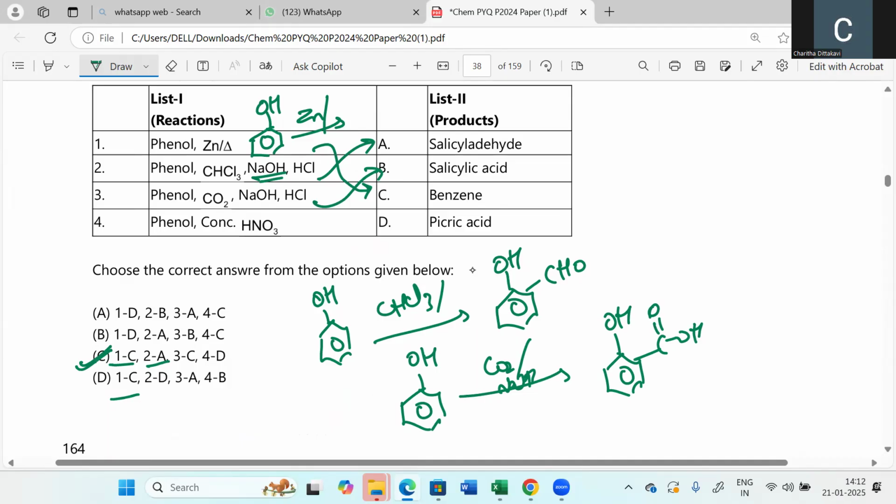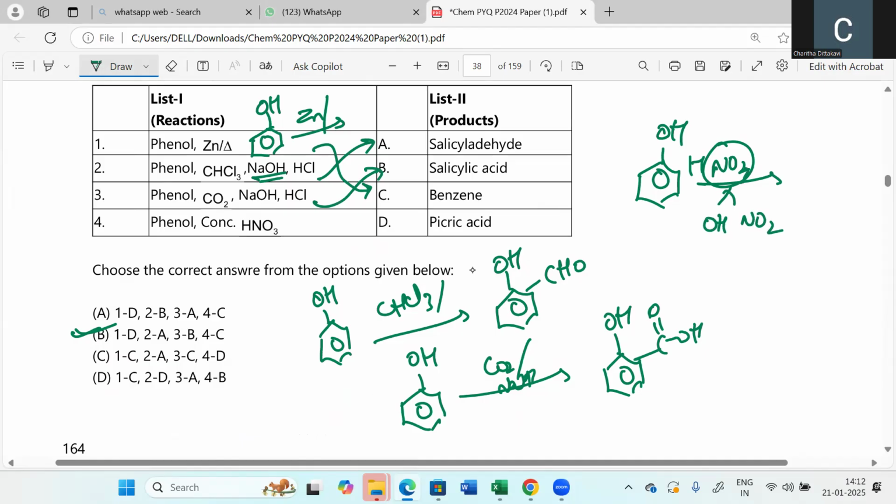Then what you have, phenol with HNO3. Option B is the one. 3 with B has come. Then phenol with concentrated HNO3 will be your nitration process, right? Nitration means the nitro NO2 group will be attached. Where will the NO2 group attach? In HNO3 you have OH and NO2. So the NO2 group will attach at your ortho position and your para position. So picric acid will form: OH, NO2 here, NO2 here, and NO2 here. Direct attack on the questions. So phenol with this will give you D. So the option is C only.